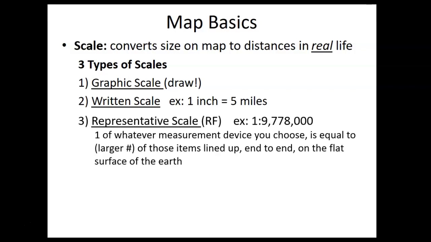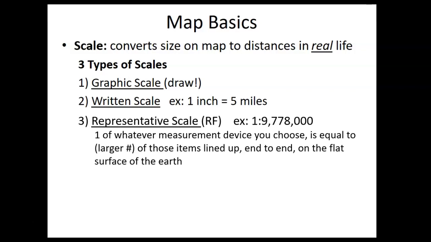If you have a small scale map, everything is really tiny because you're trying to show as much as you can, you have zoomed out. So I want you to write, for a small scale map, you are zooming out so that you can see as much land area as possible. That's a small scale map.